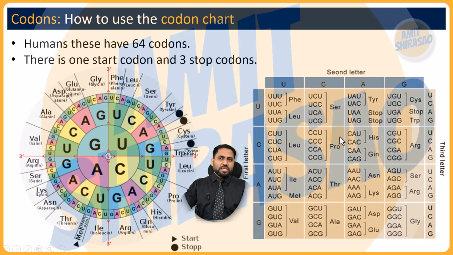This is easy. Now you can understand that this amino acid, whatever it is, is represented by two different codons. And this way, although we have 64 codons, there are only 20 amino acids.